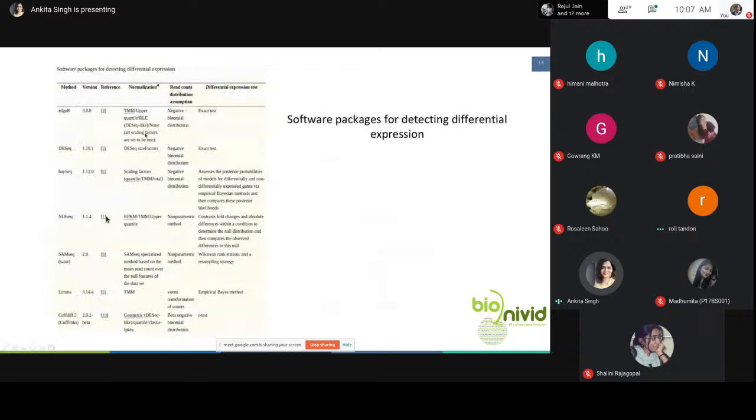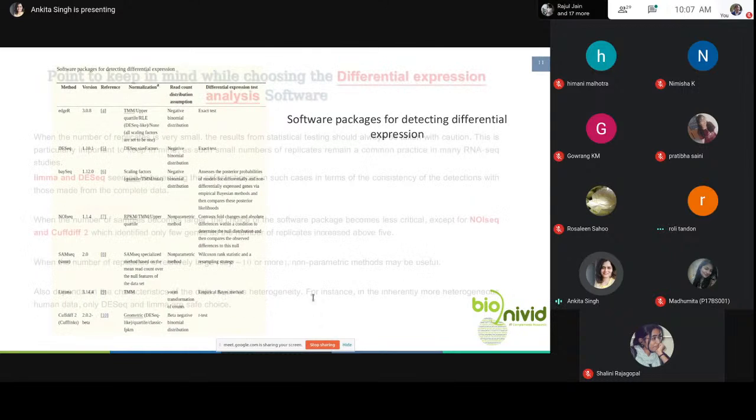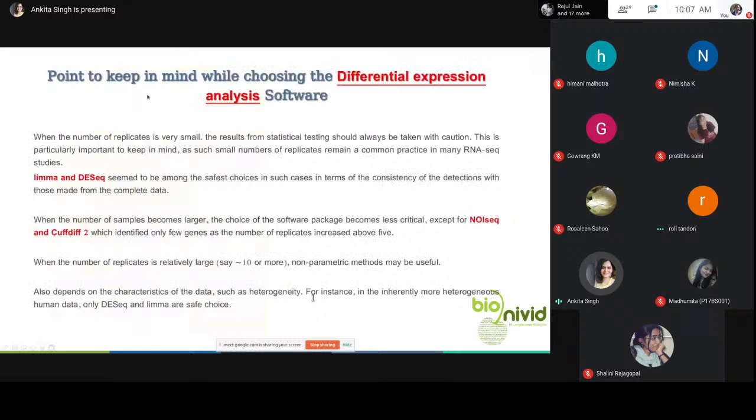These are the different normalization methods used by the different software, and these are the read count distribution and differential expression test, what test it performs for calling anything significantly upregulated or downregulated. So what points do you have to keep in mind when choosing a differential expression analysis software?